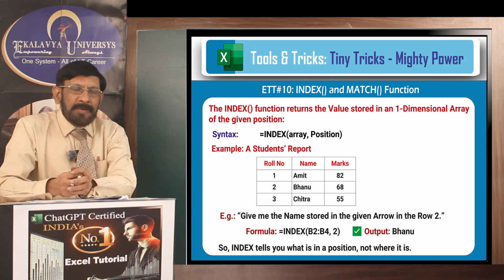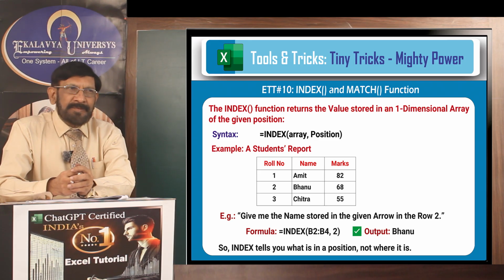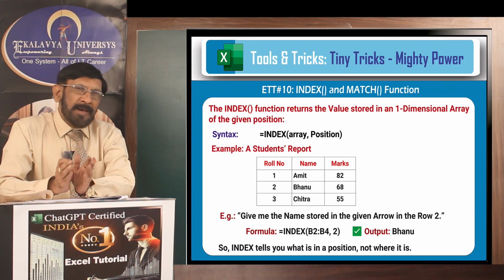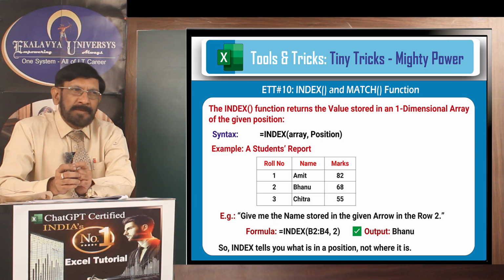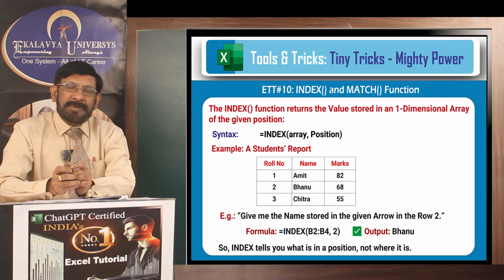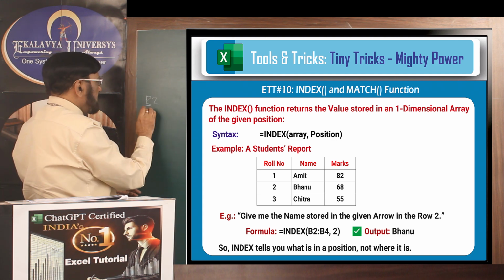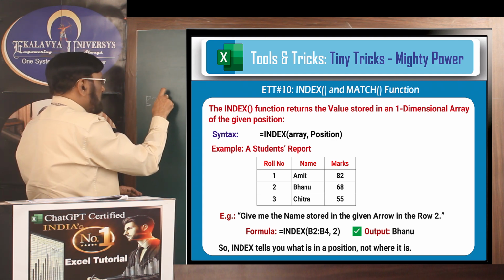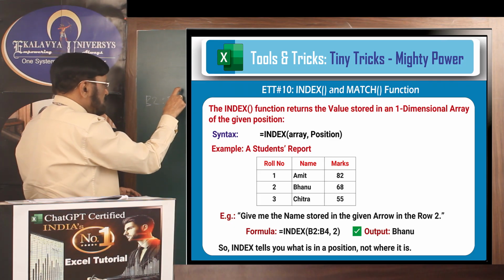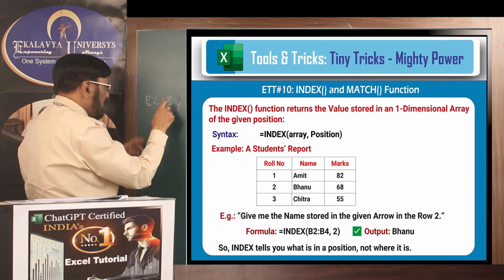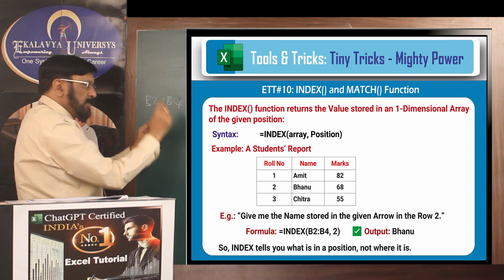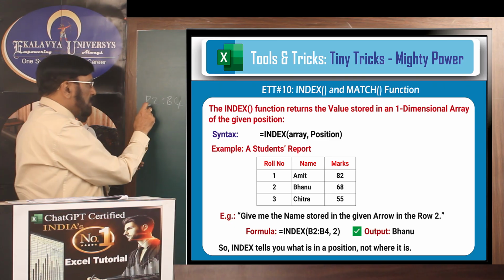Now below that I have given the syntax. Array reference you have to give. So here for names, how do you mention the reference? B2 to B4. Array reference starts from B2 and ends with B4. Okay, one array you are giving.